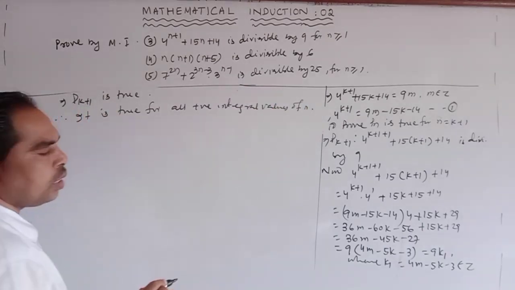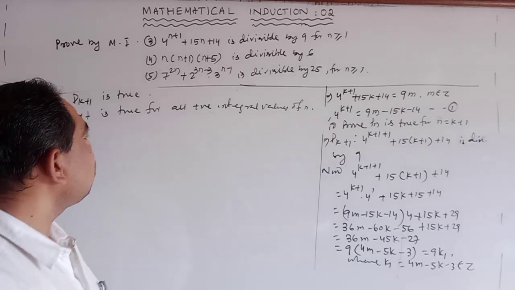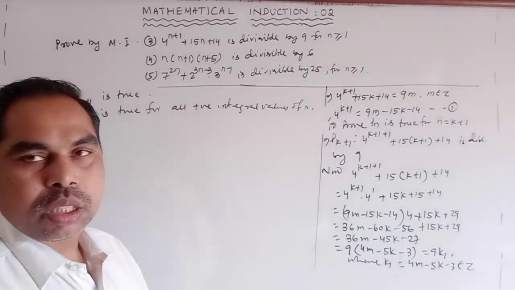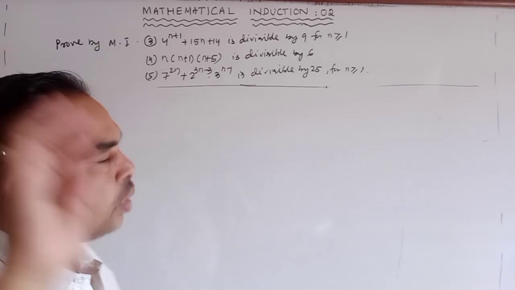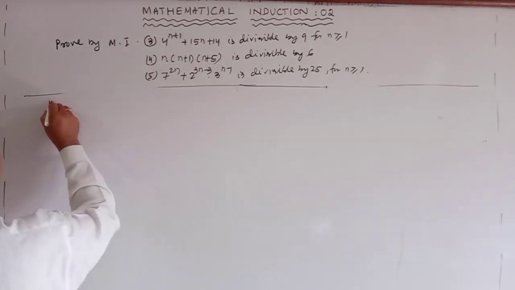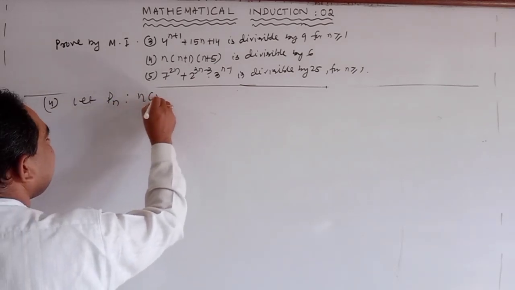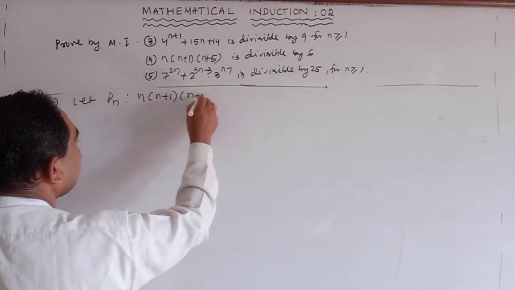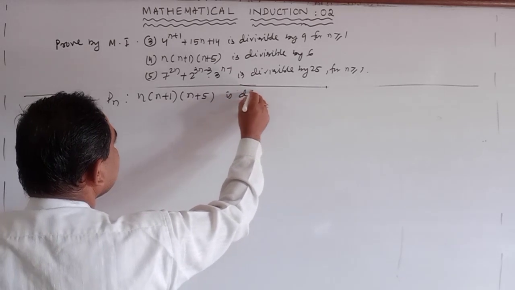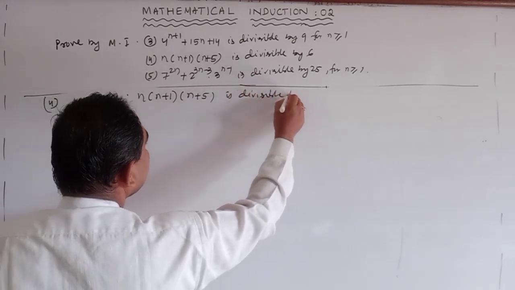Okay, this is question number 3 is over. Next, question number 4. Let Pn such that n into n plus 1 into n plus 5 is divisible by 6.